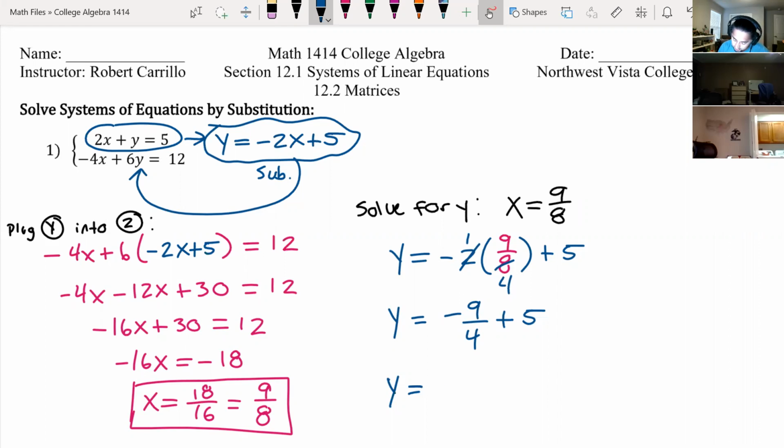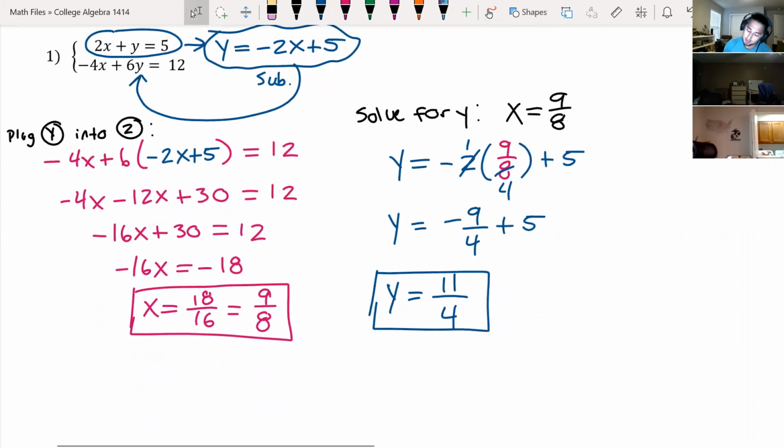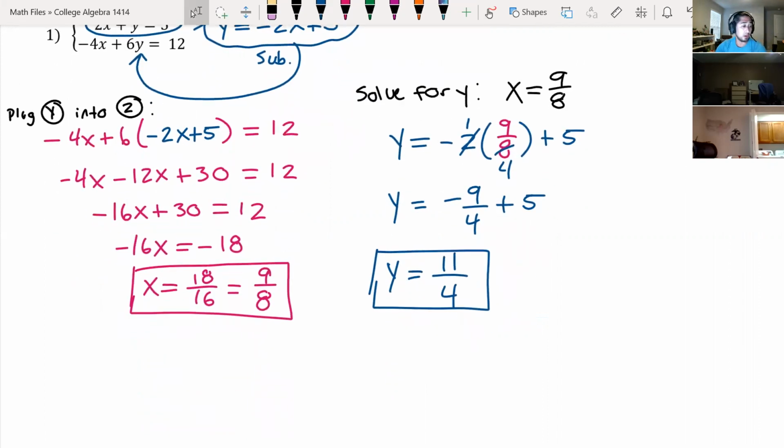So we should get 11 over 4. Okay. So here is our solution.